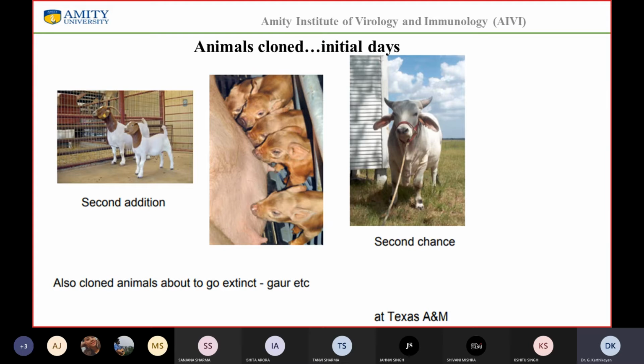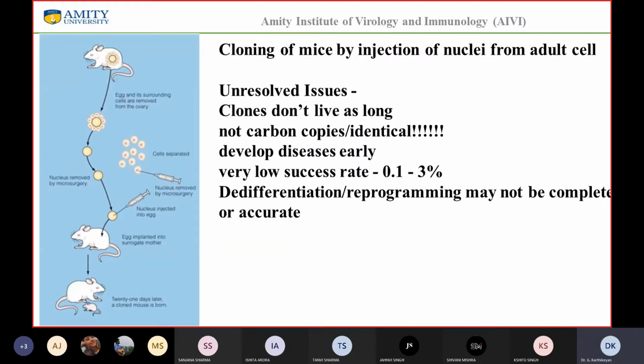So cloning has become a common technique now, just as I keep giving you the example of PCR. When PCR first came into the scientific world, very few laboratories in the world could do it.